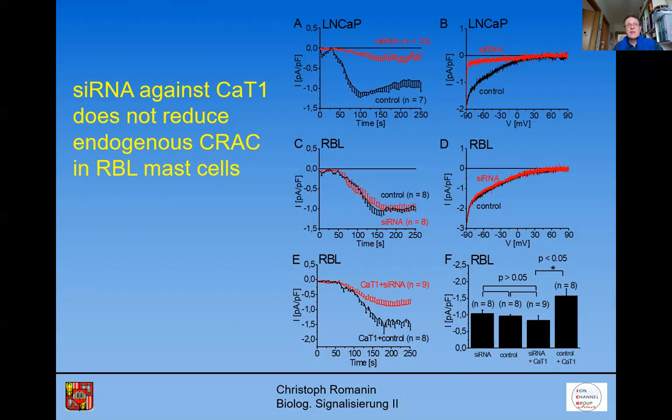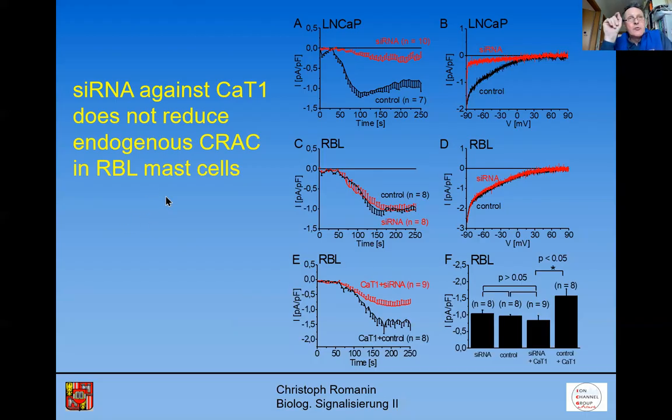And the main question is, how specific is the amino terminus of TRPV6, the tool we used, in terms of inhibition of CAT1 channels? How specific is this really?